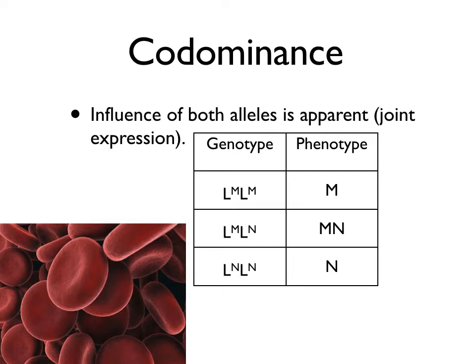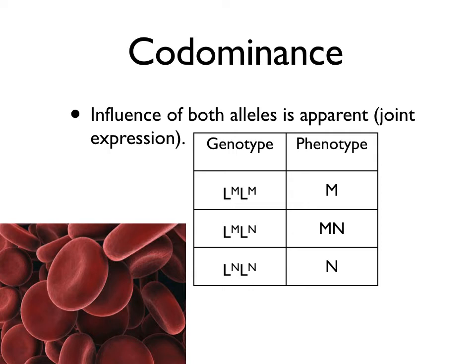What I mean by that is, unlike the flower example, where when they have a red allele and a white allele, you get pink, what you would have in codominance is some parts of the flower be red and some parts of the flower be white. I encourage you to Google codominance and flowers, and you'll see what I'm talking about. You get a very different result than you did in the previous slide.